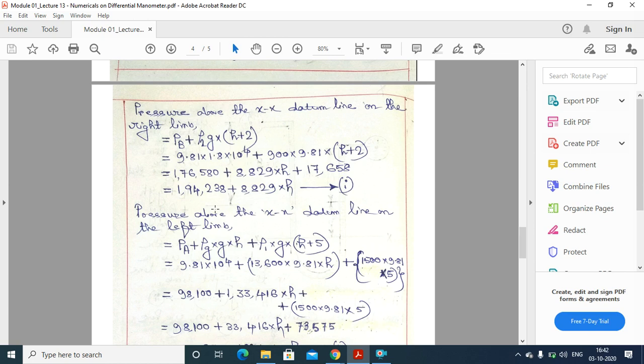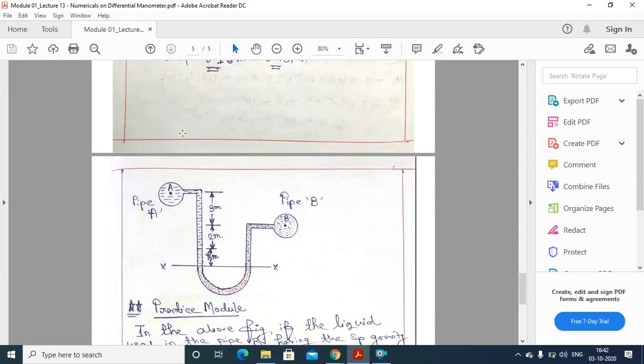In this figure, above the XX datum line, the pressure on the right limb will be PB, the pressure at point B, plus rho G h.